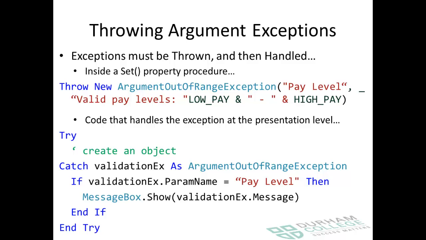And then the code that handles that exception that might be caught at the presentation tier is that catch, give it a name, as an argument out of range exception. Of course, we're investigating whether or not it's the pay level or which parameter it might be that threw the exception, and in this case we're simply showing or passing on the message that came from that validation exception.